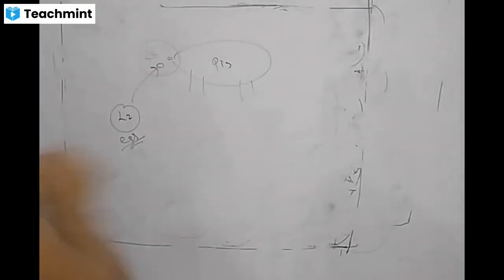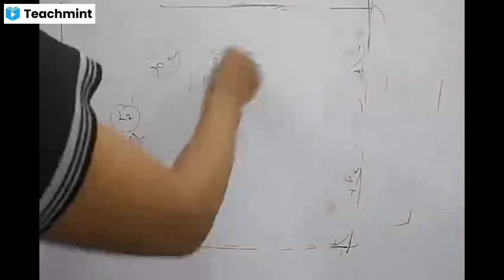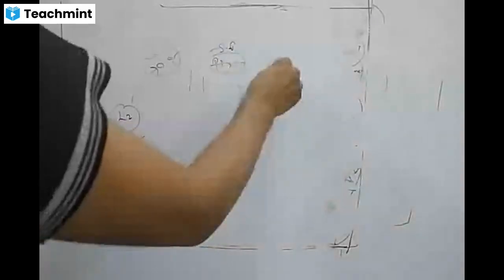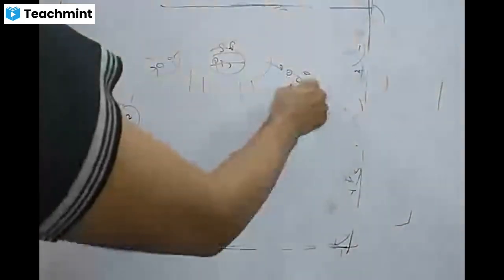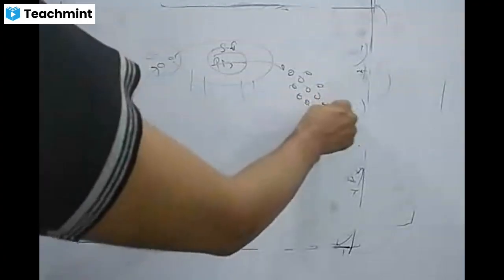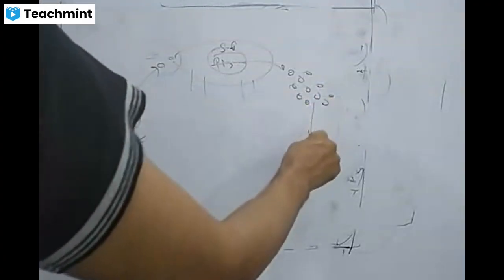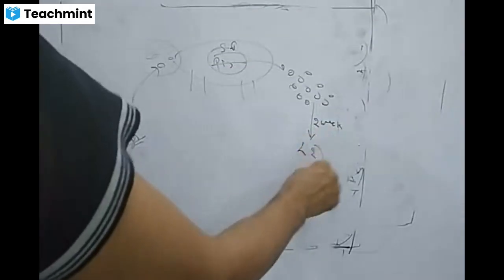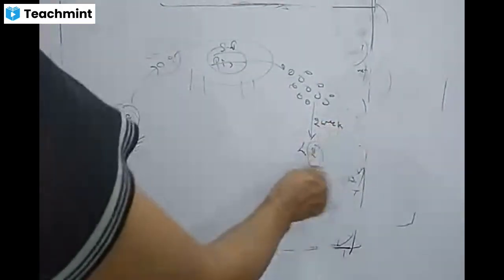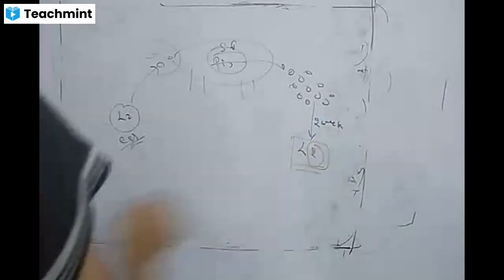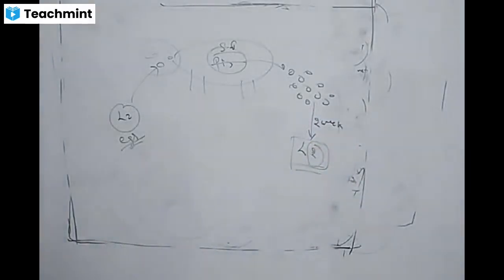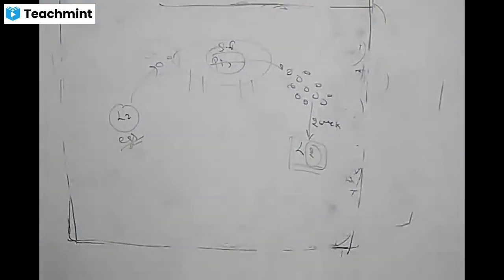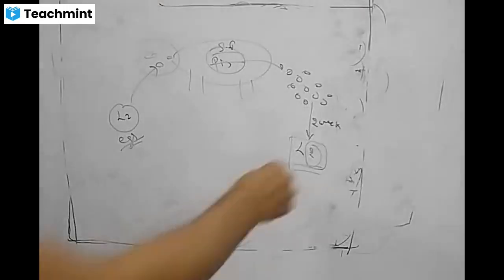Suppose the adult parasite is in the small intestine, and it keeps on excreting eggs in the stool. This will take 2 weeks to develop L2, 2 for 2. So L2 develops in the environment in 2 weeks. So this L2 is the infective stage.